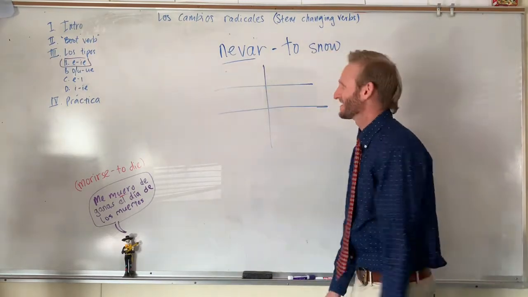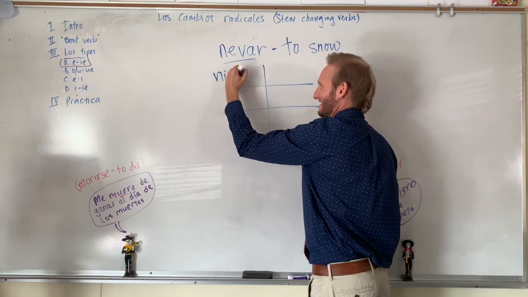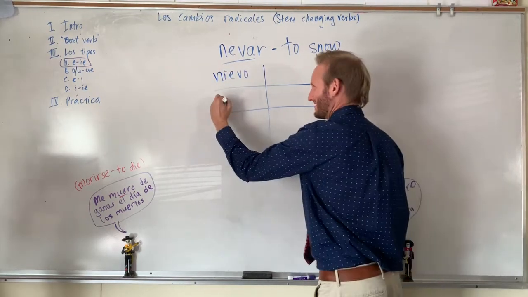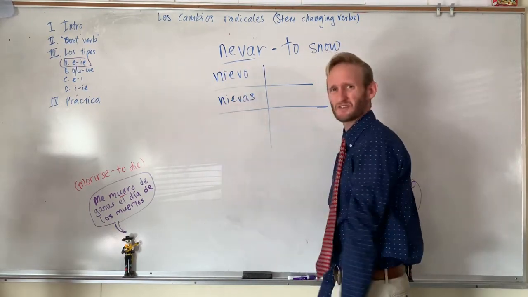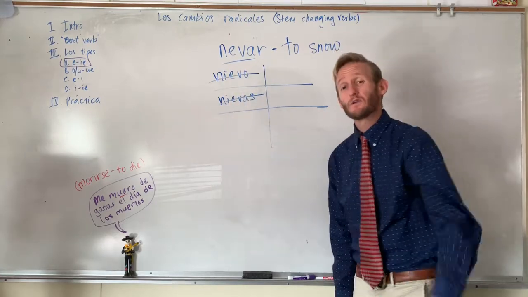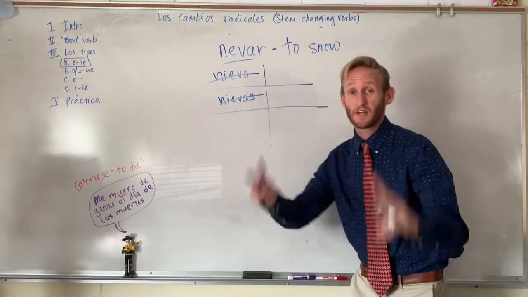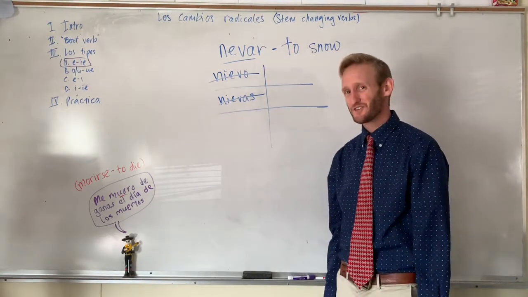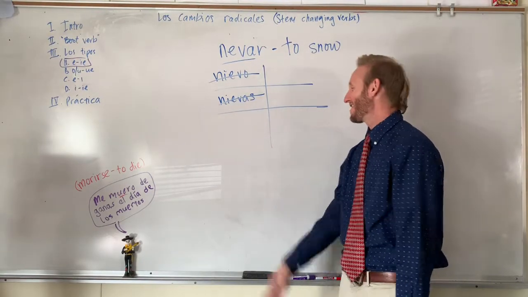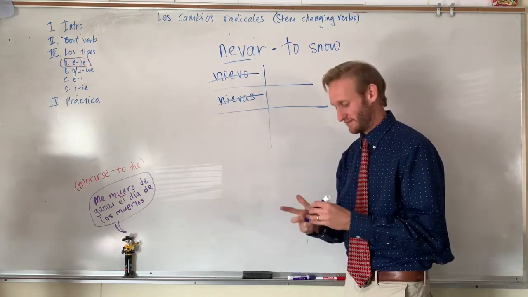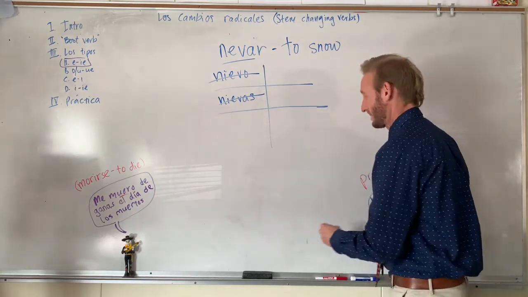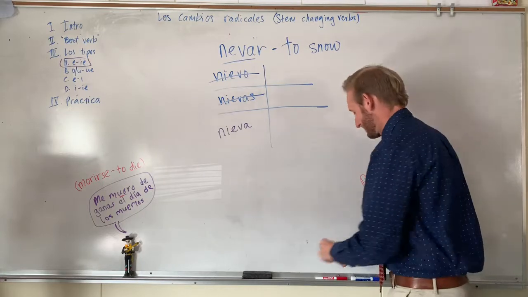Now here, you can't say nievo, I snow, nievas, you snow? No. You only need to know it snows. And when we're talking about it, that's singular, so you will need the él, ella conjugation, as in nieva.